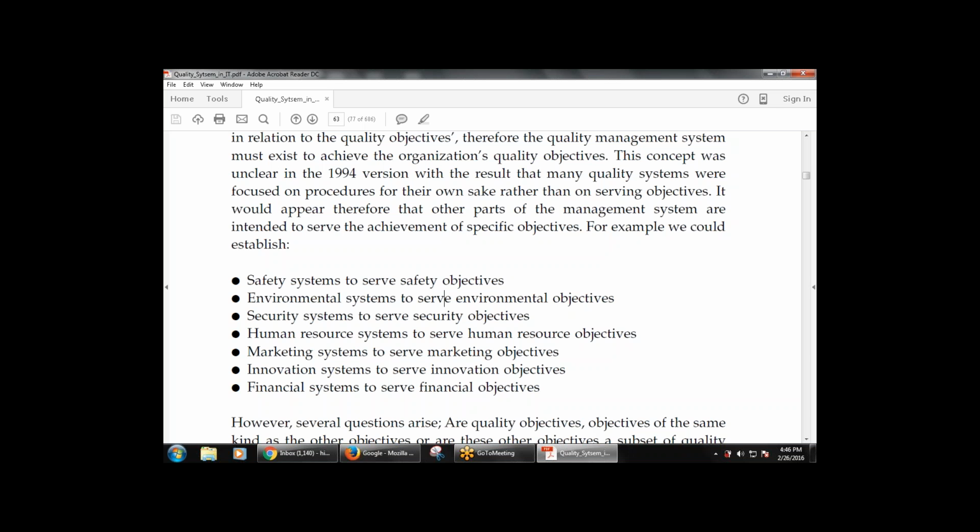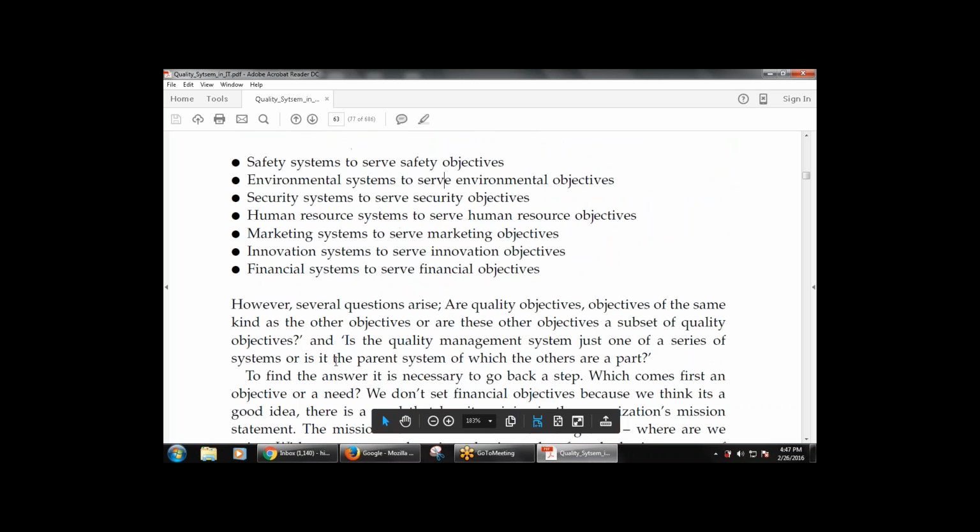These are used to serve various purposes. So safety systems, environmental system, security system, human resource system, marketing system, innovation system, and the financial system. These are the various systems that are used to achieve the various common or specific objectives.